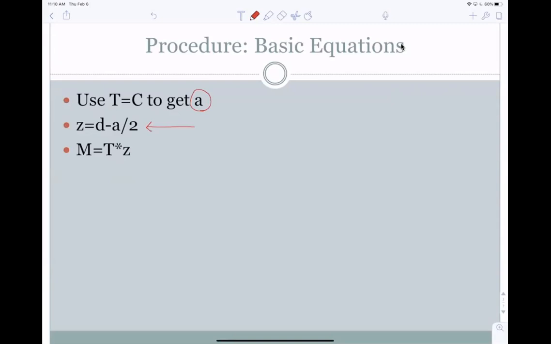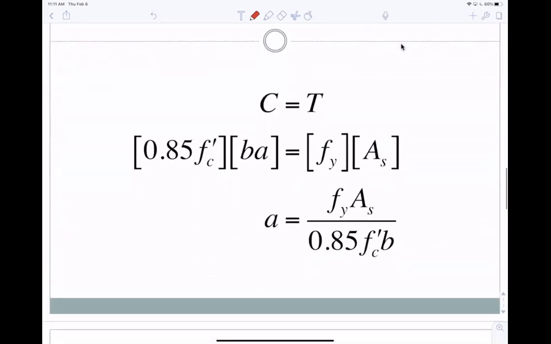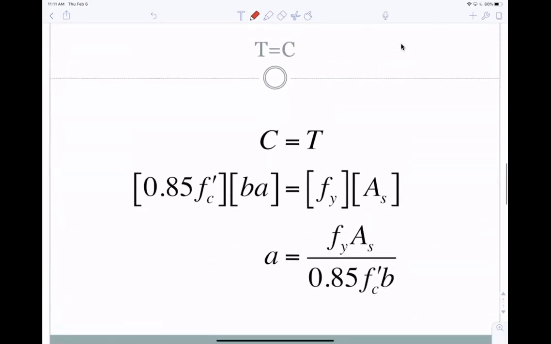It's just the distance from the steel to the top down to the center of that rectangle, so d minus a over 2. And then finally, Mn equals T times z or C times z. It doesn't matter because C equals T, and T is easier. It's just Fy As.